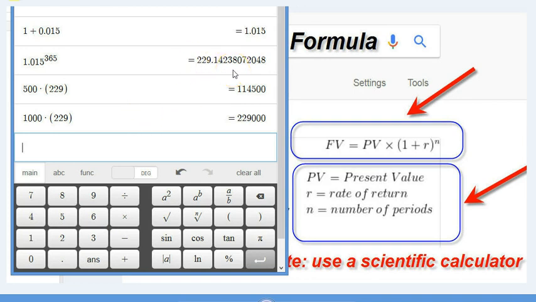All right, so let's say your present value at day 1 is 500, and your multiplier, I call this the multiplier, is 229. You multiply 500 by 229, your multiplier.